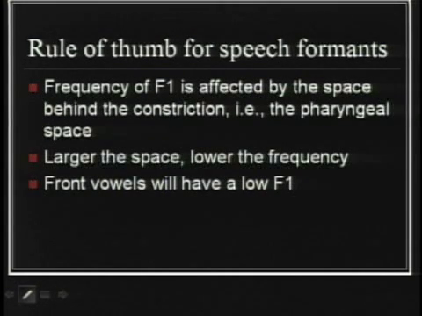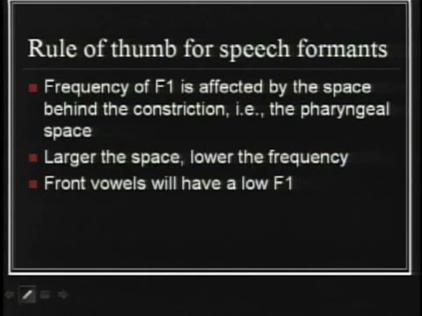If you picture the tongue constriction in the mouth, the tongue's up there somewhere, whatever's behind it is going to be determining the frequency of F1. If you have a huge space behind the tongue, it means F1's going to be low. And we'll get to specific examples of this in a minute.